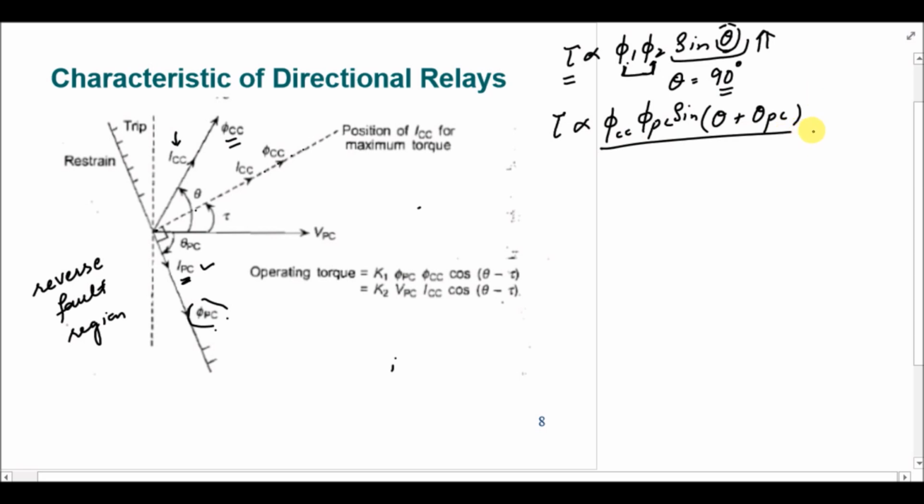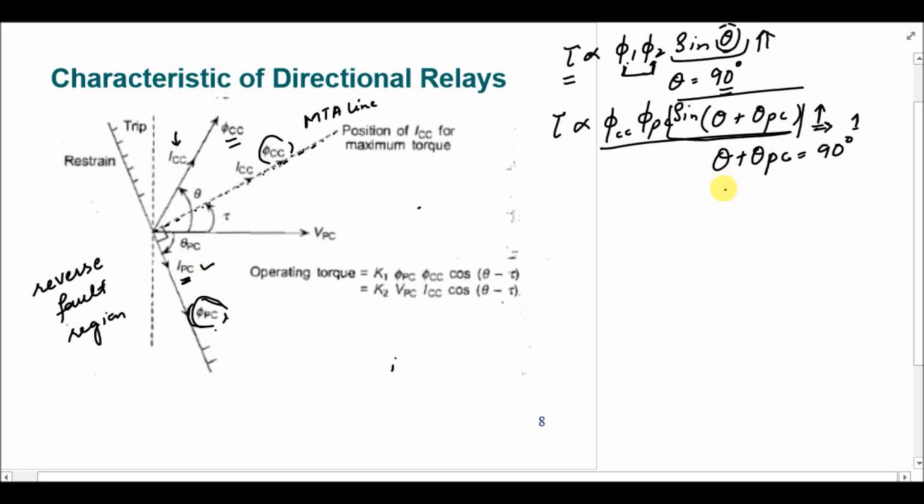Now in order to make this tau maximum, we have to make this sine value equal to 1, and in order to make this equal to 1, we have to make theta plus theta PC equal to 90 degree, right? So that's why this tau line, this particular maximum torque angle line, is at this particular orientation, and the angle between these two fluxes phi CC and phi PC is tau plus theta PC, which is equal to 90 degree, right?